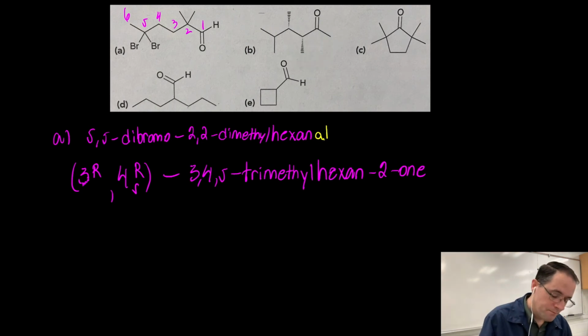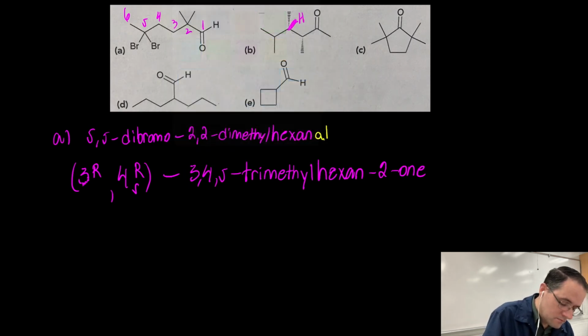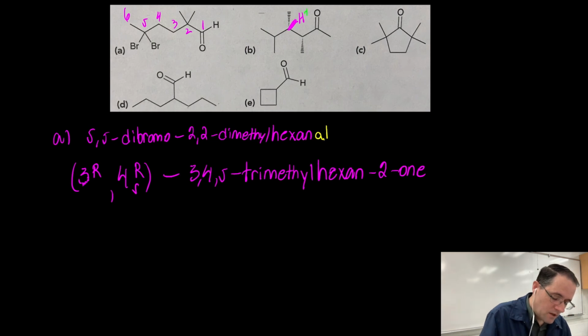For carbon 4, let's erase these scribbles here. We have the lightest substituent here, which is carbon 4. Priority 1 is going to be this whole chain here, because the oxygen breaks the tie. Priority 2 is here. Priority 3 is the methyl group.